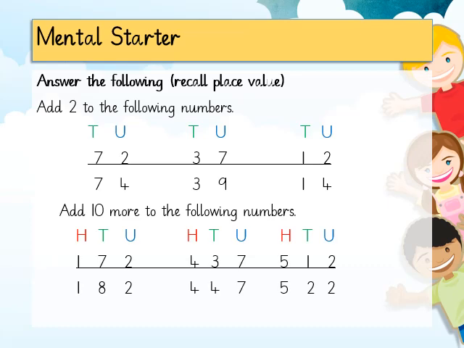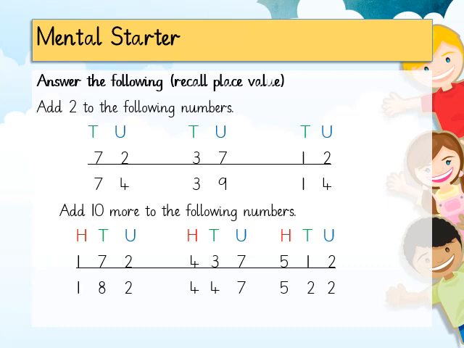You will add 2 at units place in the given numbers of the first row. In this way, 72 will turn to be 74, 37 as 39 and 12 to be 14. Coming towards the next question, add 10 more to the following numbers and the 3-digit numbers are given in the second row. If you see carefully, the place values are identified at the top of each digit.